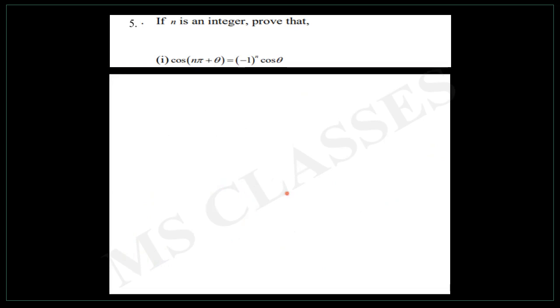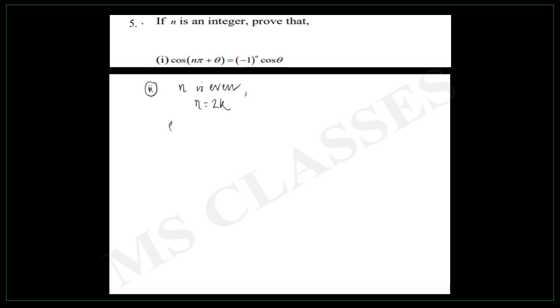Now there is another part you have to do. It is when n is even. When n is even, n equals 2k. So if it is 2k, what can we do here?